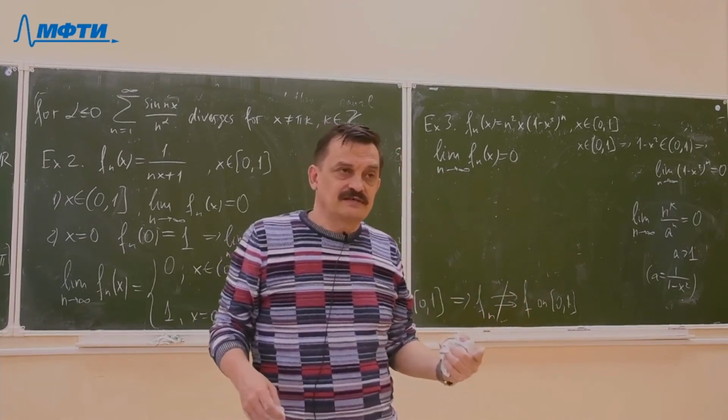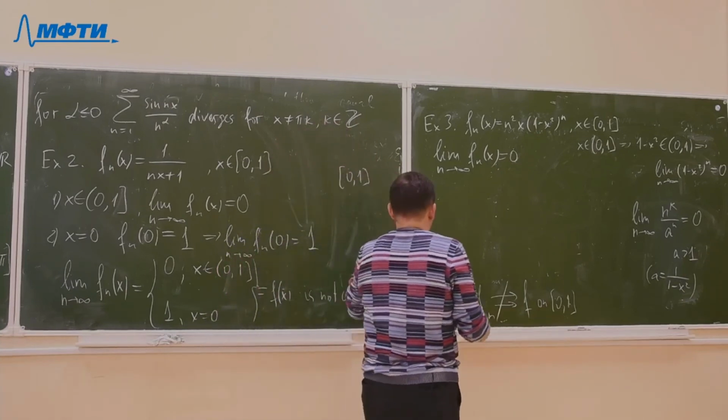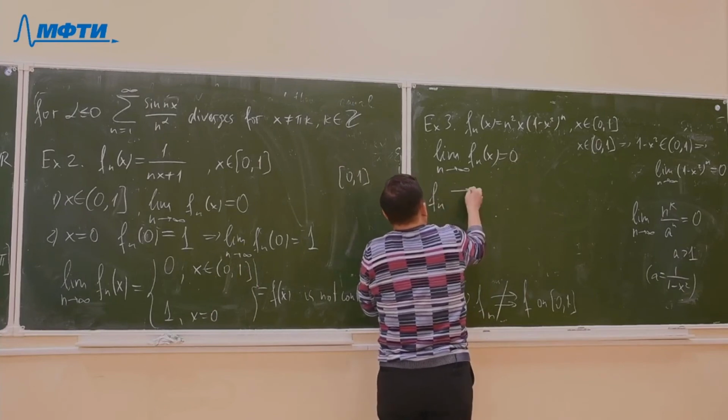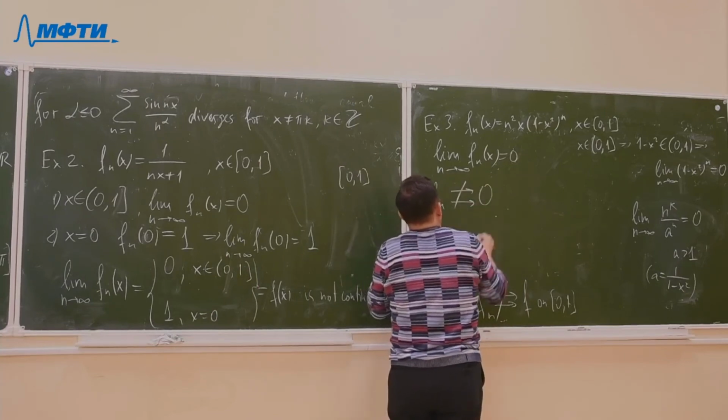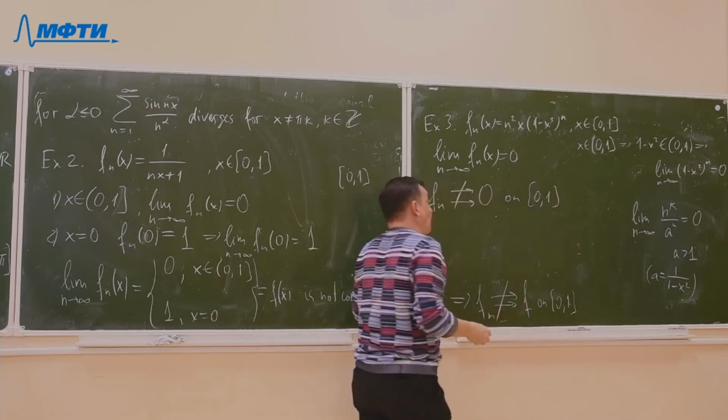Nevertheless, the convergence is not uniform. Why? So I want to prove that f_n does not converge to 0 uniformly on [0, 1]. Why?